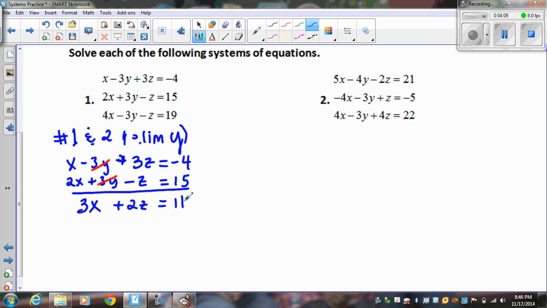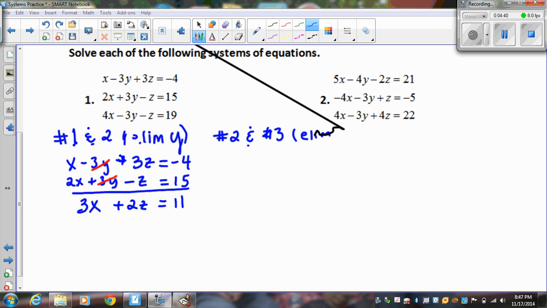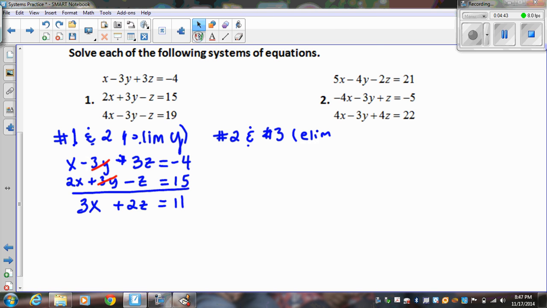Now we're going to do the same thing with equations 2 and 3. The reason I'm using 2 and 3 is because I again have additive inverses. So I'm going to list that I'm using equation 2 and equation 3. And again, I'm eliminating y.